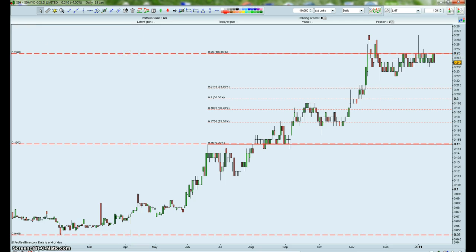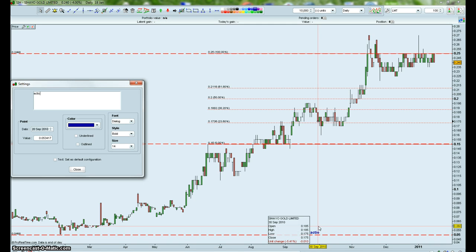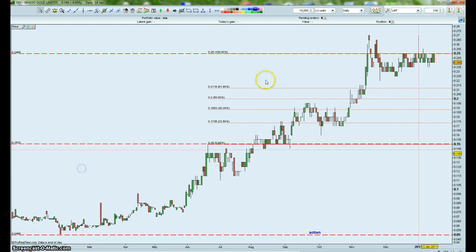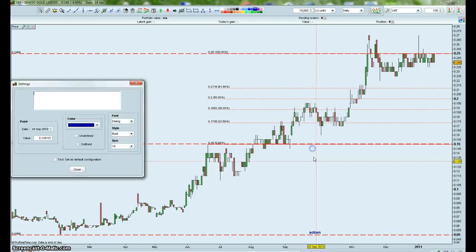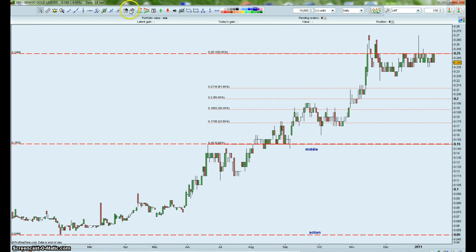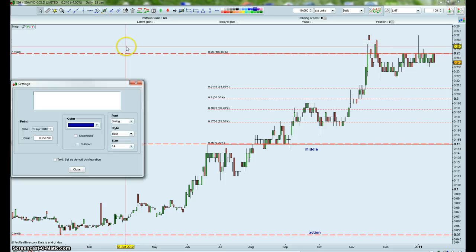Okay, and what I'm using here is some action reaction lines. That's an action line there. We have a middle there, and we have a reaction line there.